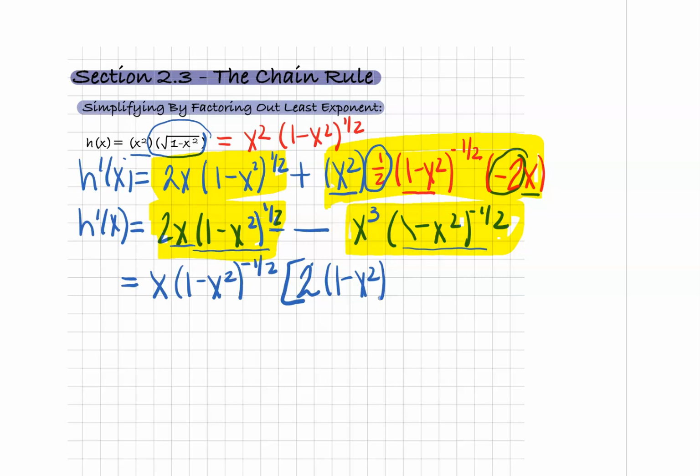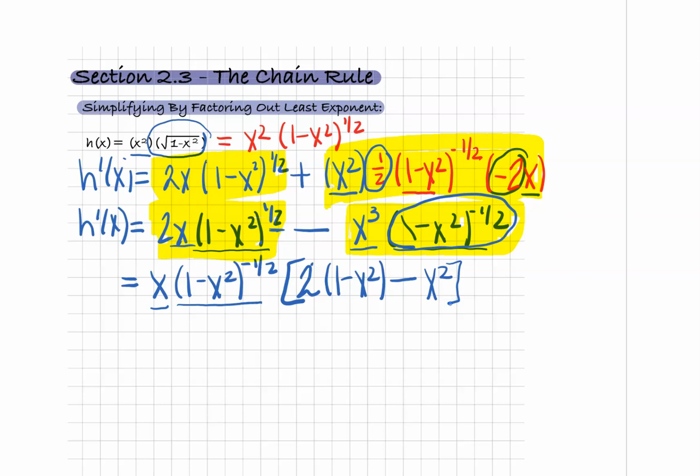Then I'm going to look at the next piece, so that would be minus. I have an x cubed, I'm pulling an x out, so it leaves me with x squared. And then I took this whole piece out because I'm pulling that whole grouping to the -1/2 out. So this would be my final result. I know that caused a little stress. You lost your breath for a minute.